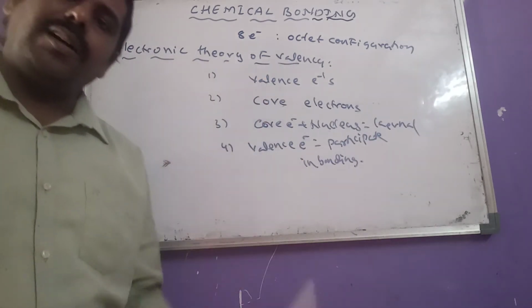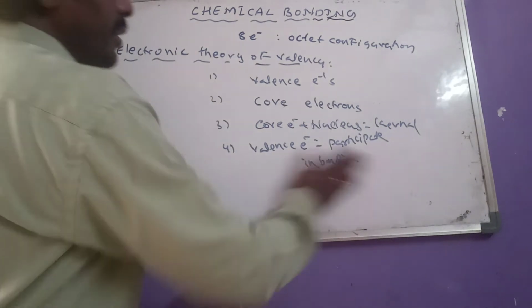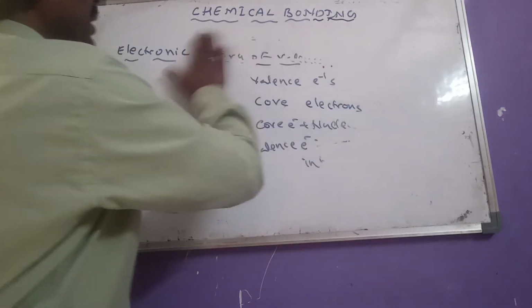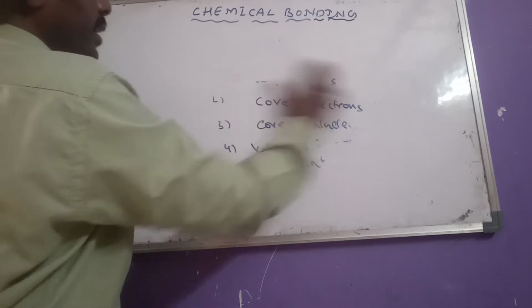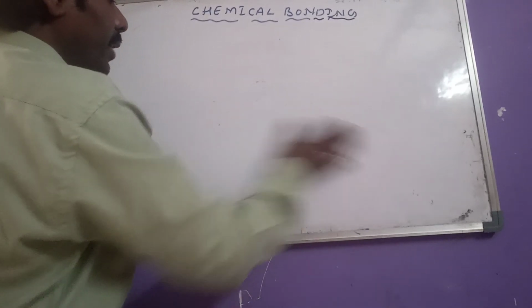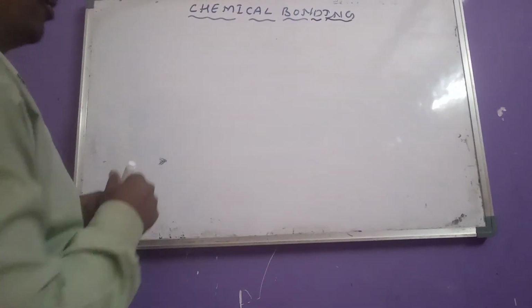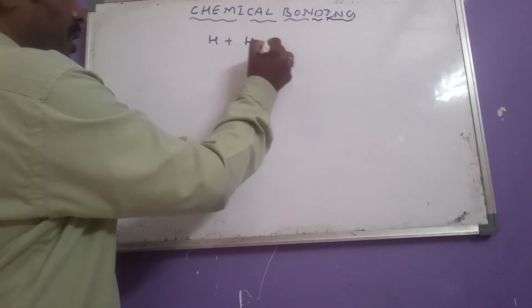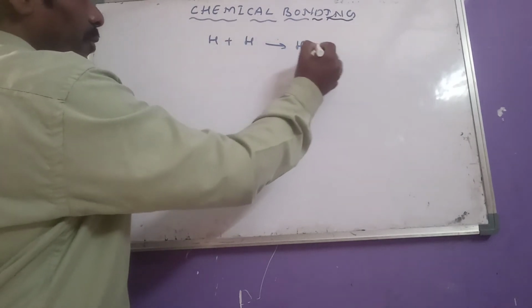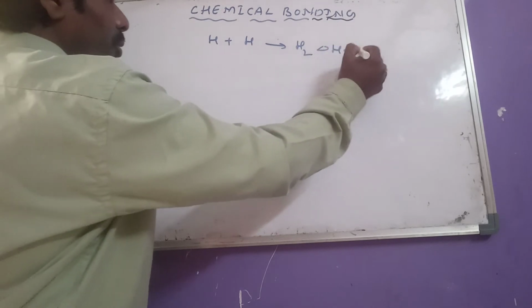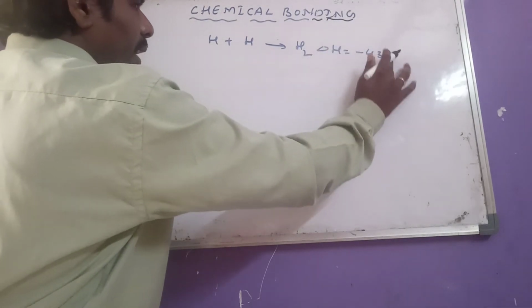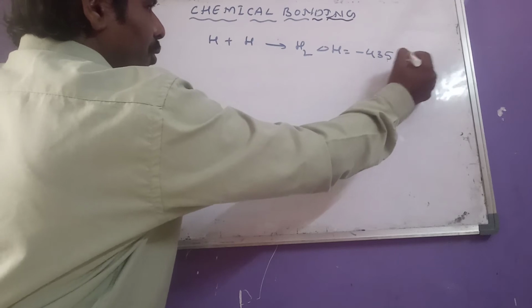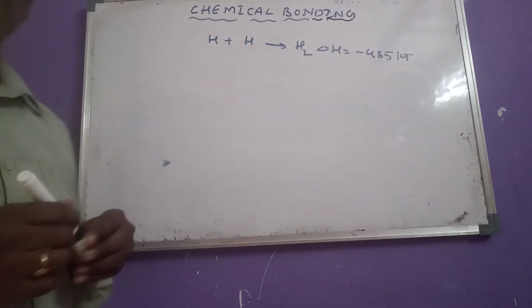Okay, then after this, let us see one example: formation of a bond between two hydrogen atoms. Hydrogen and another hydrogen atom combine to give an H2 molecule. Here the delta H value is minus 435 kilojoule per mole.